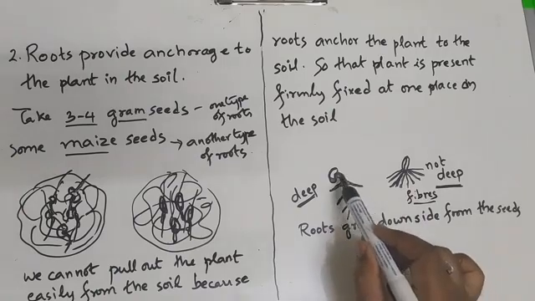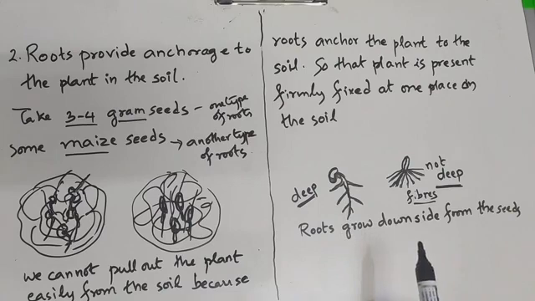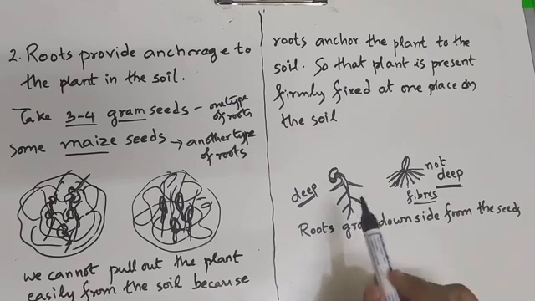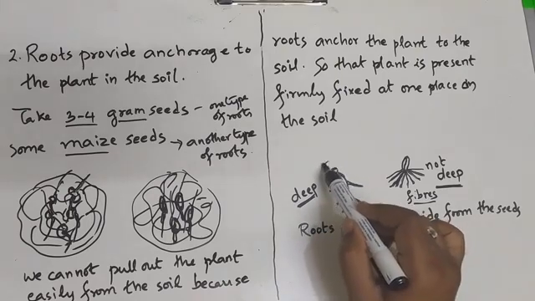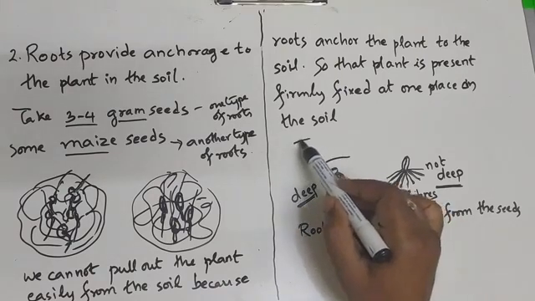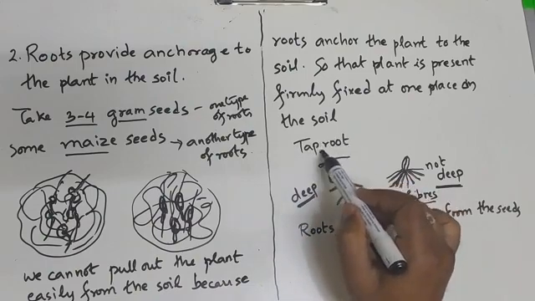Whereas in this gram plant, the roots do not appear like fibers. Instead, they appear like one main or tap root and some side or lateral roots. So this type of root system is called tap root system.